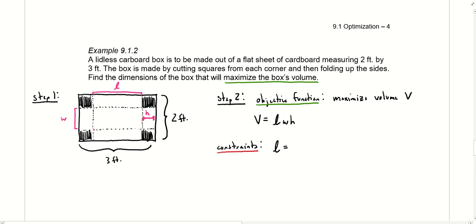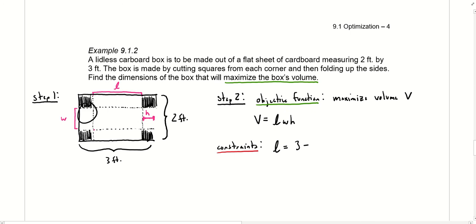So length is based off of this dimension here, and we can see that the maximum size for the length is 3 feet, right? So if we think about a box with no sides, the length is at maximum 3. But we probably want some sides to this box. We actually want a box instead of the sheet. So in terms of what I'm subtracting from this maximum value of 3 feet, I have 2 side pieces, and both of these side pieces are of width or height h.